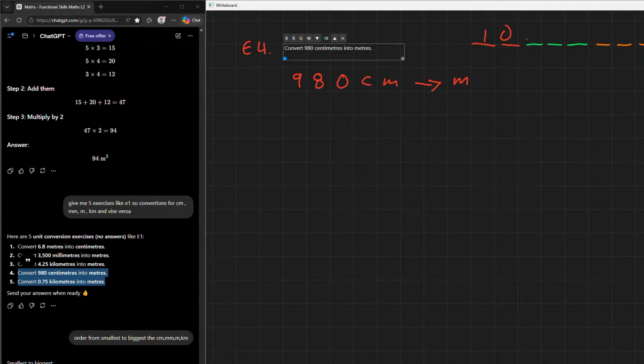Wait a second. So yeah, millimeters, centimeters.